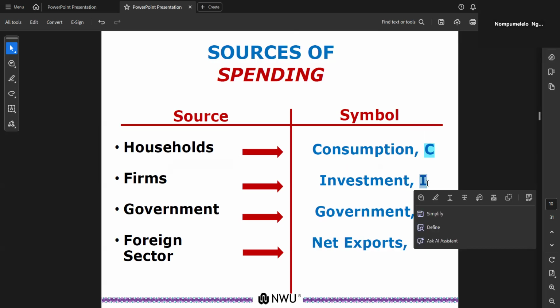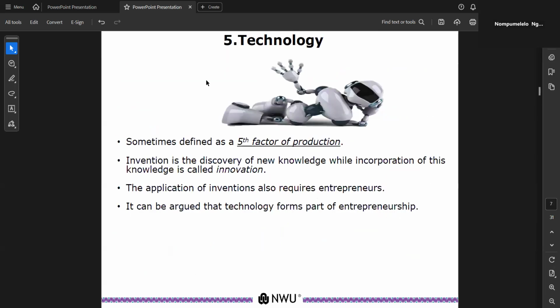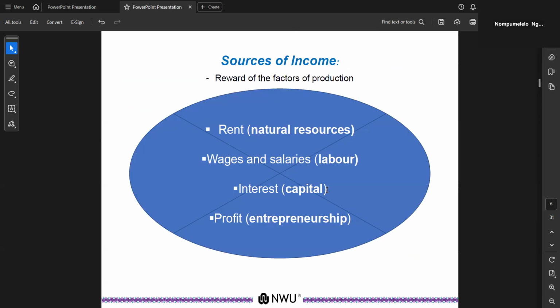When they purchase capital goods such as machinery and equipment, they're investing because they're going to use that equipment to produce some goods and services. And we did say, let me just go to the slide, that capital's reward or remuneration is interest.